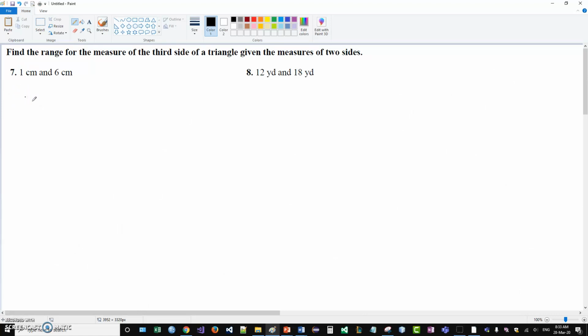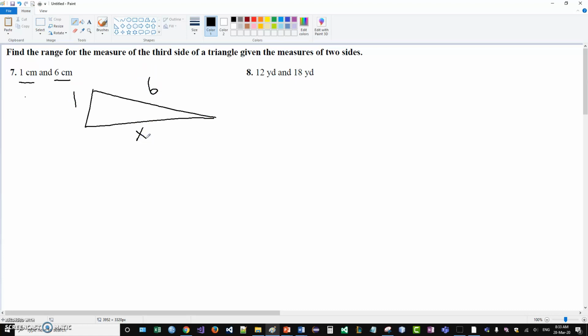Let's look at some more examples. Find the range for the measure of the third side of a triangle given the measures of two sides. So we're given sides, the length is 1 and 6. Let's say this is 1 and this is 6. Assume the third one is x.